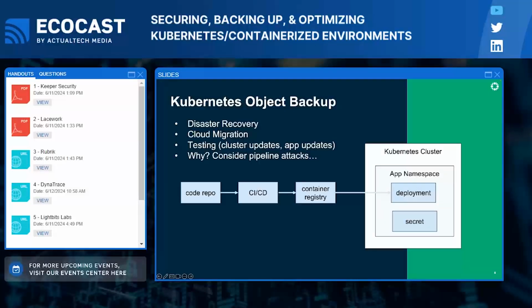Can you guarantee 100% uptime for your deployment pipelines? I am definitely not advocating that you should never redeploy your application from code, but it's always good to have that ultimate safety net through Rubrik to restore those Kubernetes objects if and when things really go bad.